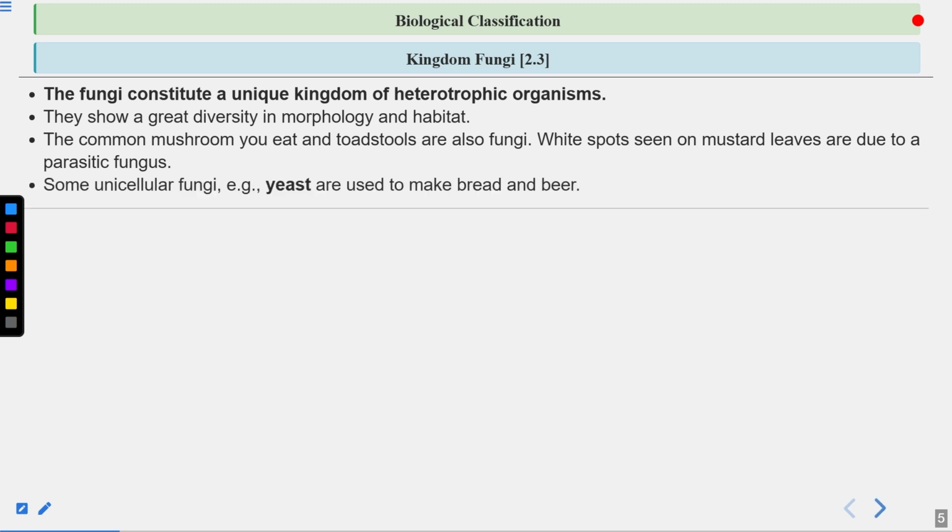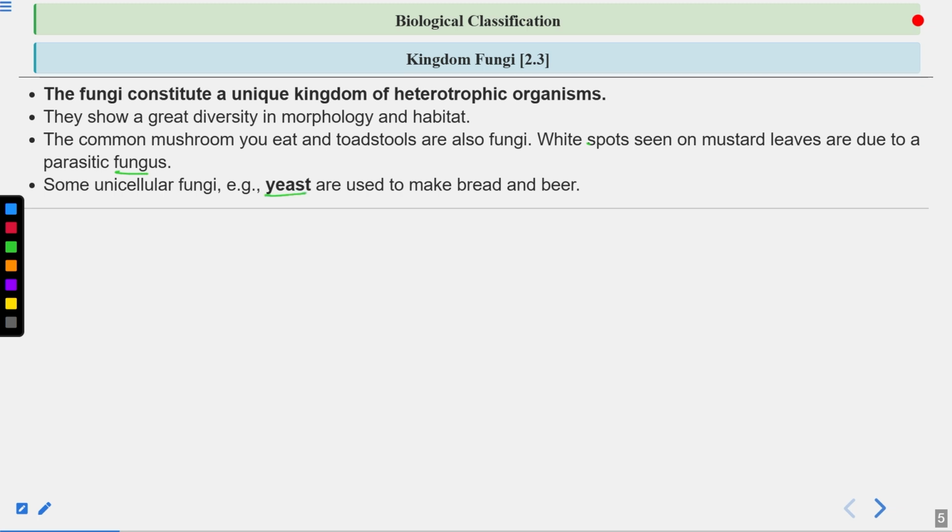So you should remember this name, Albugo candida. And you should remember the disease which it is causing. It is causing the white spot on the mustard leaves. So this is a parasitic fungus. So you should remember the examples of the parasitic fungus or pathogenic fungus. These are pathogenic. These can cause disease.